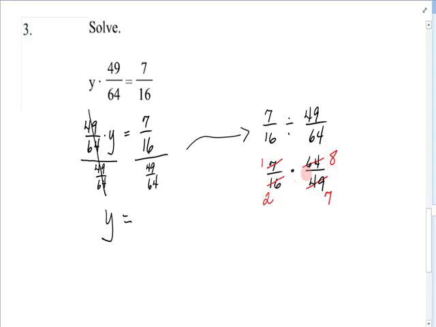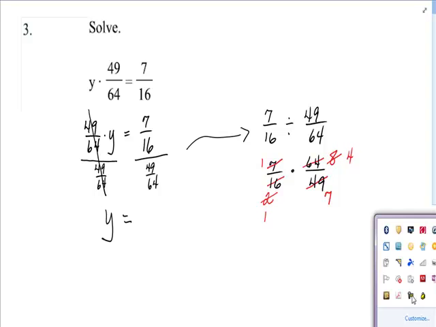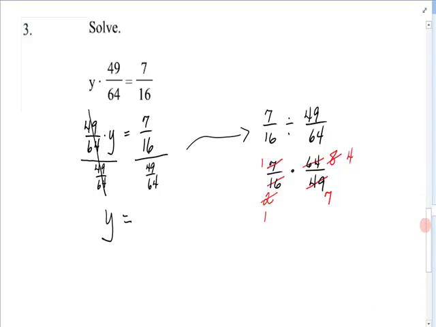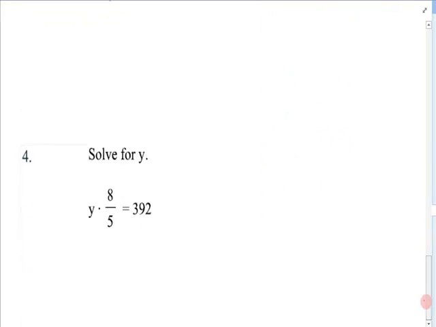Oh, those still have a common factor of 2. 2 goes into 2 once. 2 goes into 8 4 times. All right, let's now look and see what we've got left over. 1 times 4 is 4, and 1 times 7 is 7. So y is 4/7.